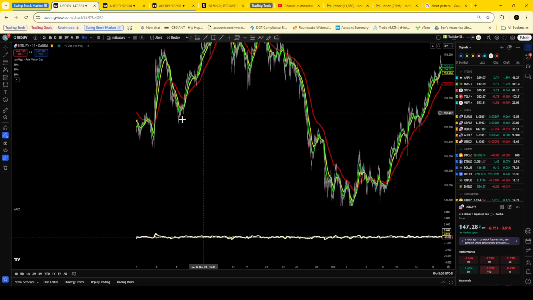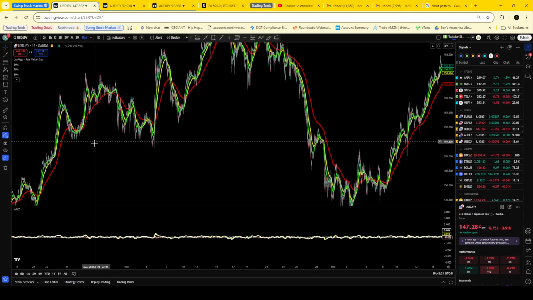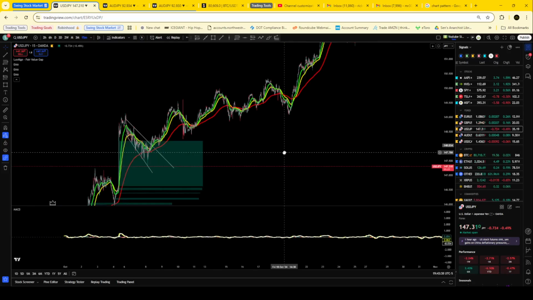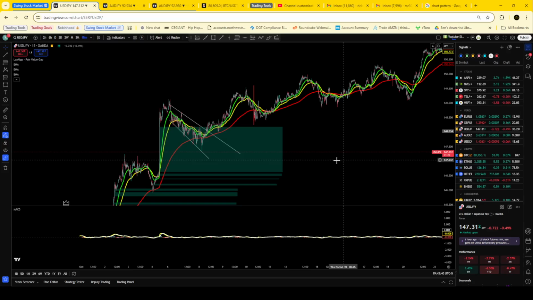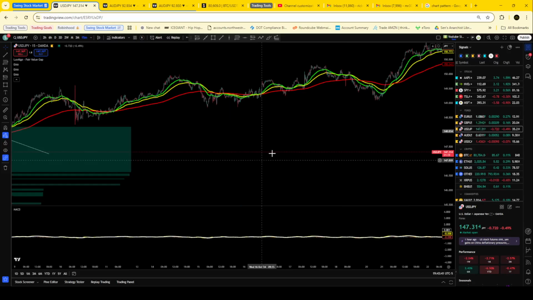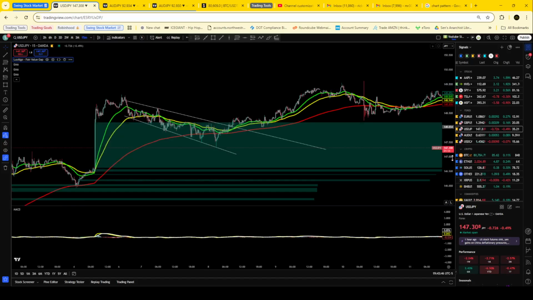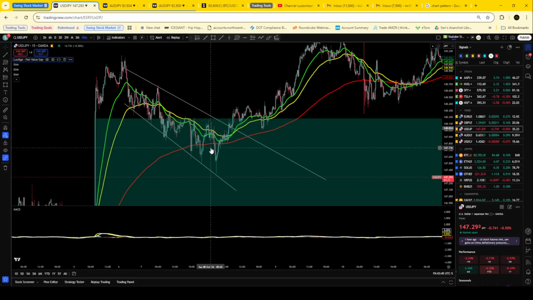Come on, bear with my slow computer. There it is. See how it looks on a smaller time frame.